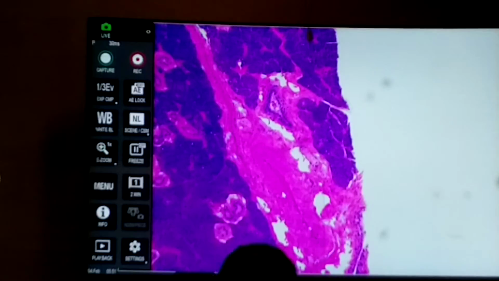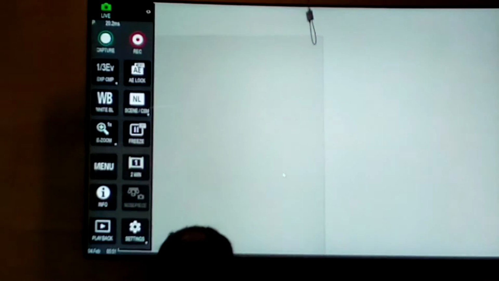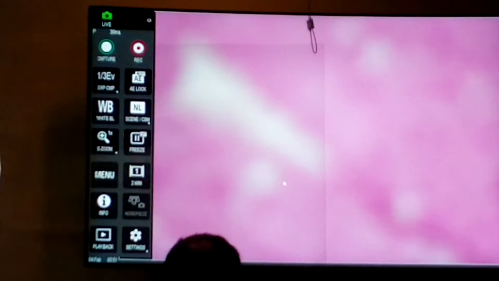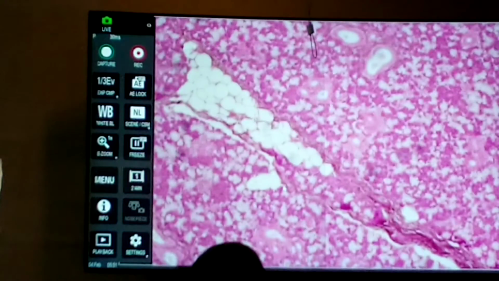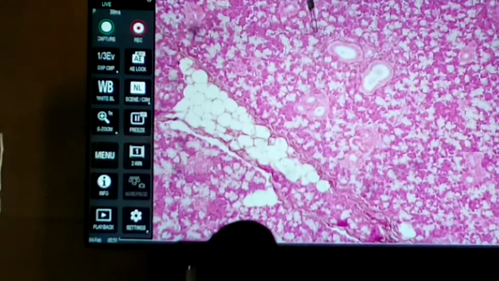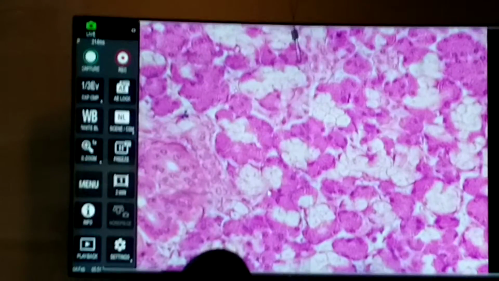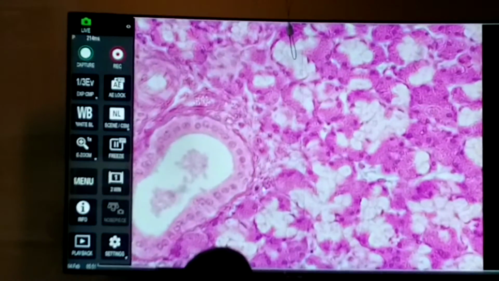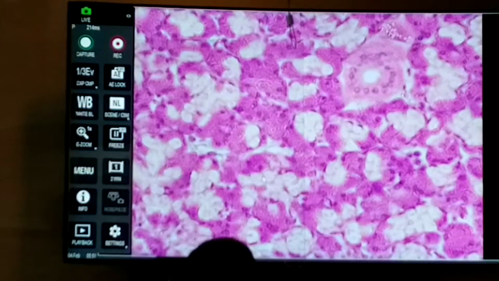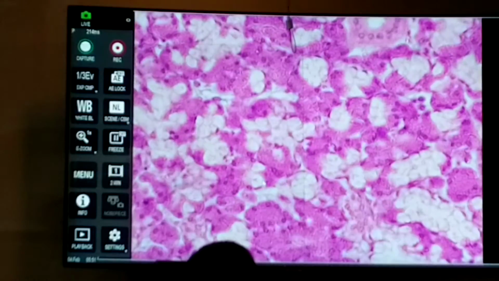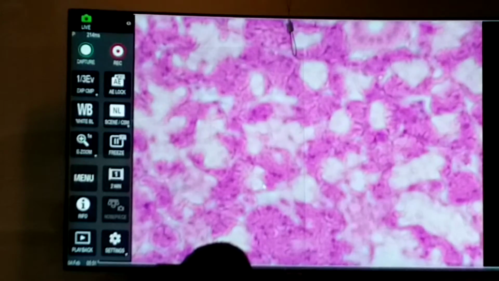All right, let's look at this other salivary gland. A mixture.